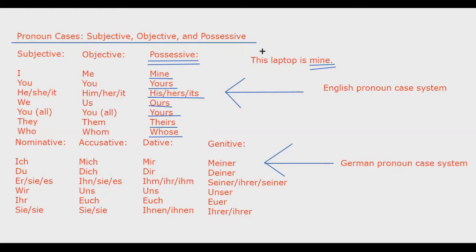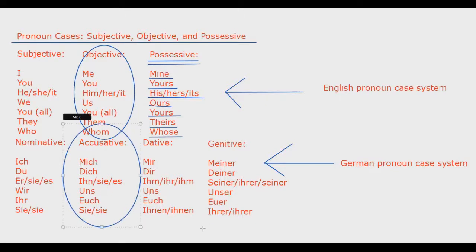And I bring up German here because I want to compare the two languages. They're not really that different. See, in German, the only difference is that the objective case in English is actually mapped to two different sets of pronouns, the accusative and the dative. The accusative corresponds to the direct object of a sentence, whereas the dative case is for indirect objects.